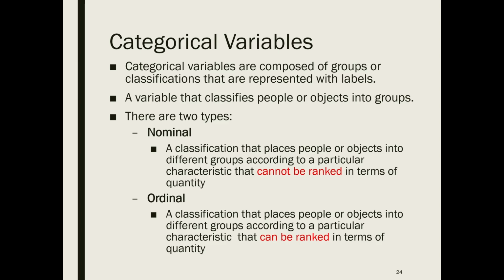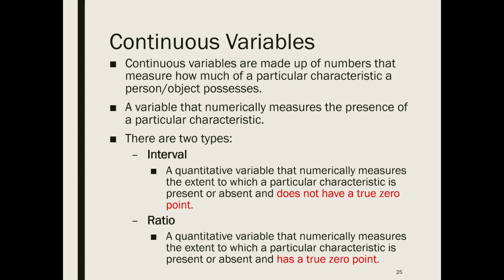The ordinal variable is a slightly higher level of measurement, in that it has a name, but somehow it can also be ranked. We will see some examples later. It has a name and can be ranked, but the rank is really based on the name instead of on numbers.